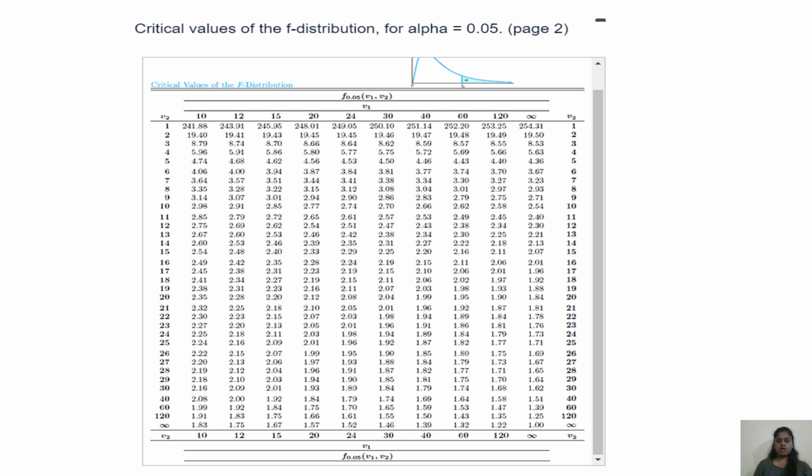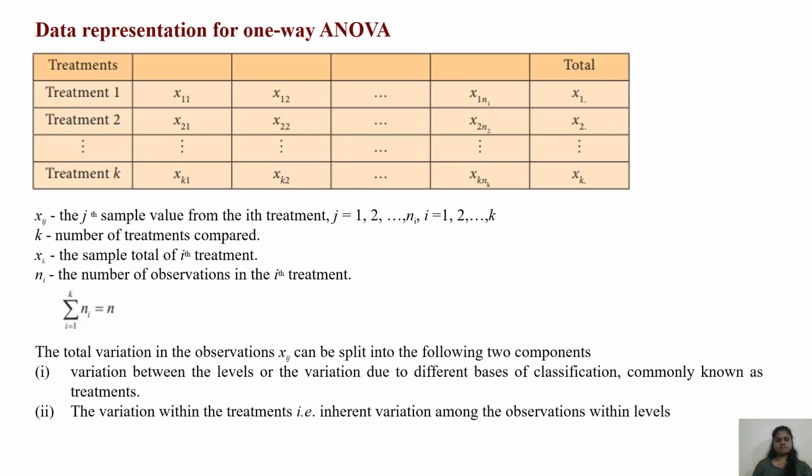So this is an F distribution table for the ANOVA, and here come the steps. The first one, data representation for one-way ANOVA.